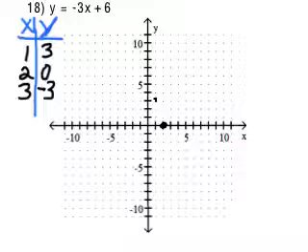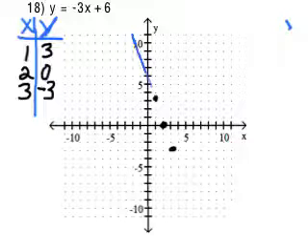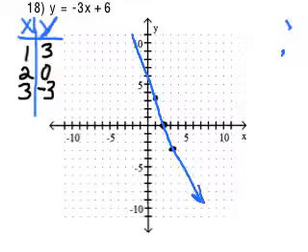So 1, 2, 3, negative 3, right here. Okay, so they're all on the line. And we draw the line, by the way. You can't just put the points in. Okay, so there's our line.